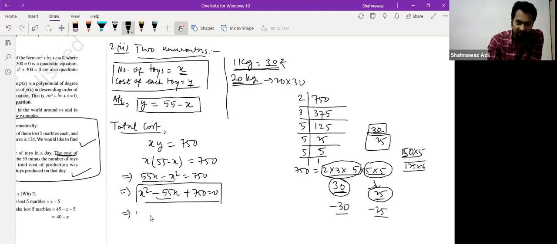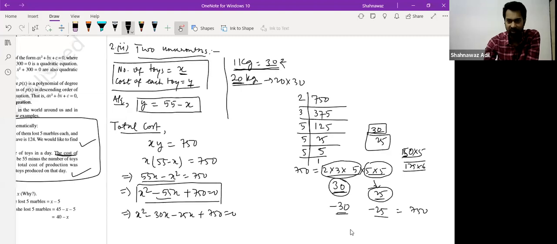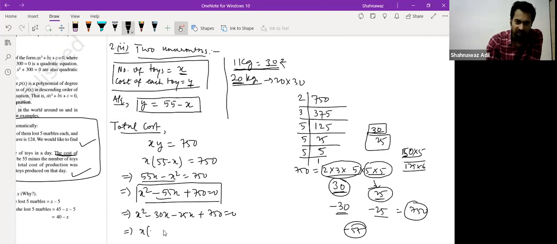Minus 30 times minus 25 is 750, and minus 30 minus 25 is minus 55. So this serves the purpose. Now this would be, so then this would be how much?